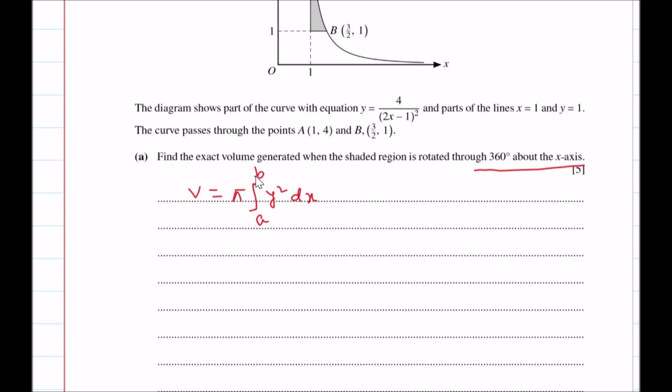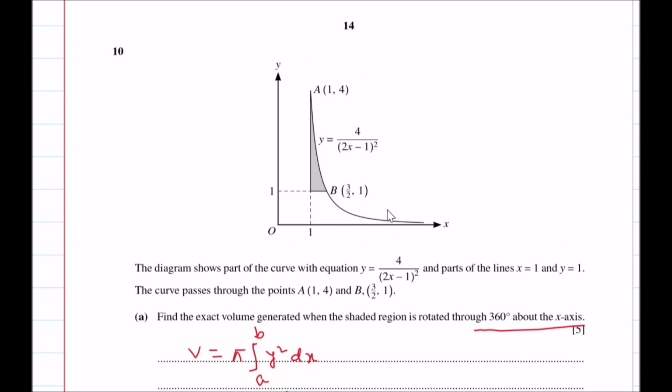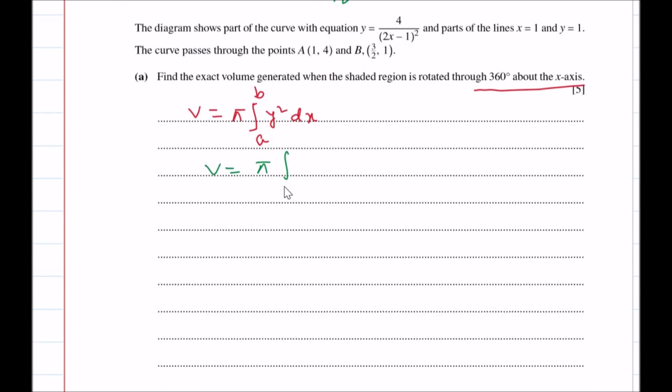Now let us substitute the values. So V equal to pi, and the limits are x coordinates from where to where. Look at this horizontally. Here it is 1 and here it is 3 by 2. So limits are 1 and 3 by 2.